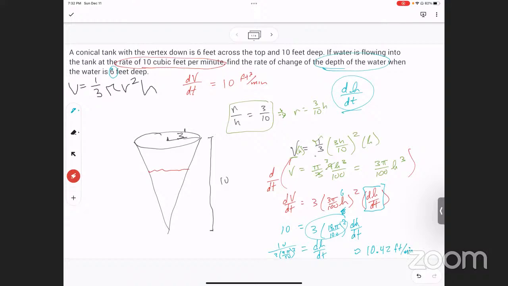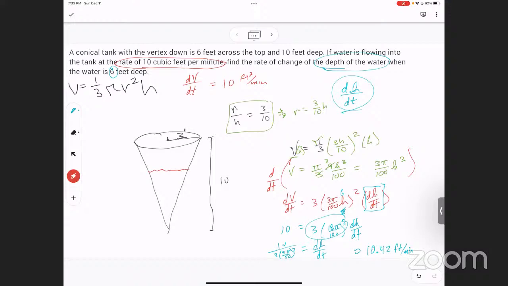Let's see, pi over 3. I plugged in that correctly. 3h over 10 squared. Squared is 9 over 100. That's right. 9 will cancel with 3. You get 3h cubed over 100.